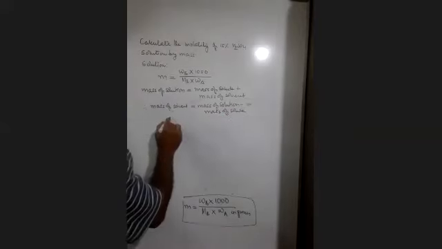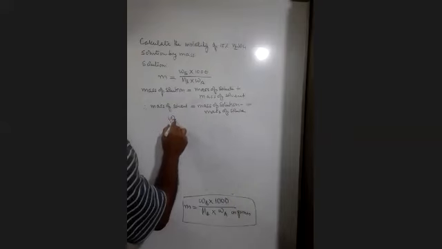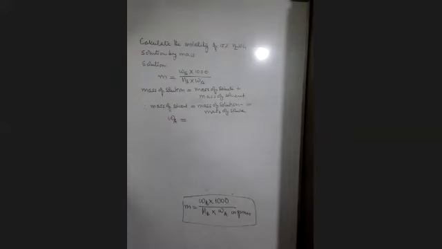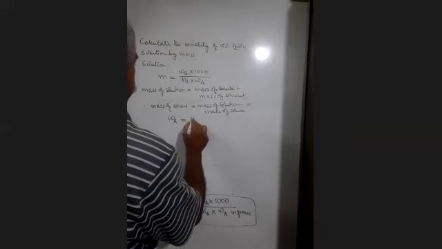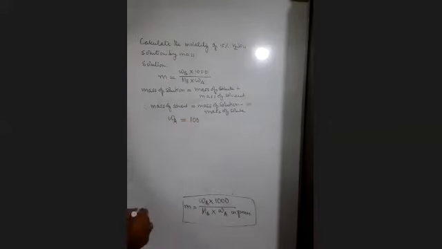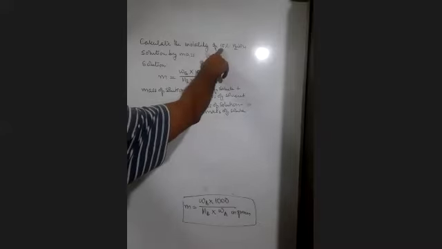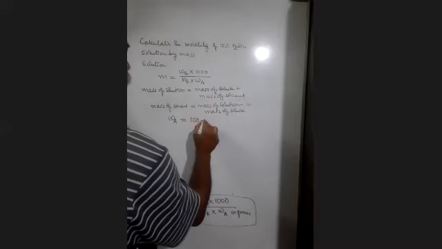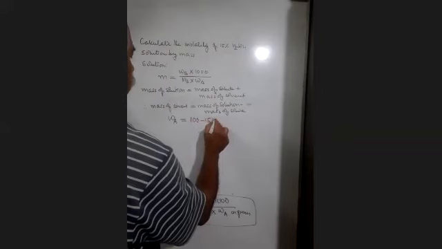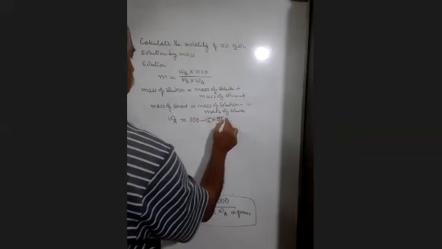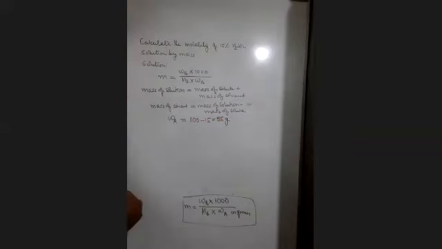So mass of solvent is what? See, mass percent means the mass of the solution is 100 gram, and how much solute we have? 15 gram. So it is 85 gram.